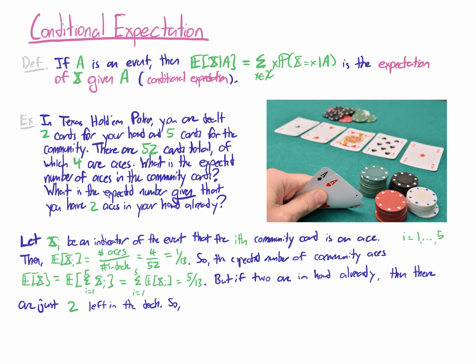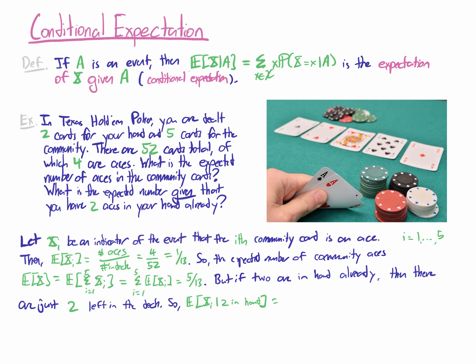So in this case, the expectation of, let's focus on one of the individual X sub i's, given the event 2 in hand, looks different. I need to consider the probability of that specific card being an ace, given that two of them are in my hand. Well, how many aces are left if two of them are in my hand?